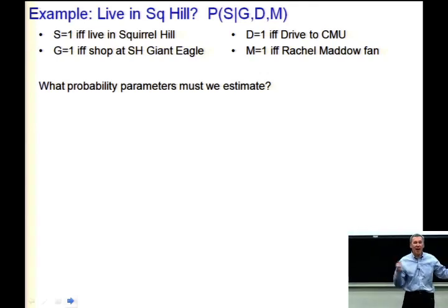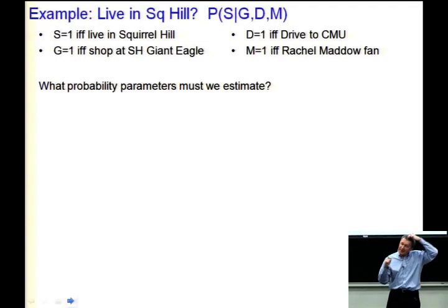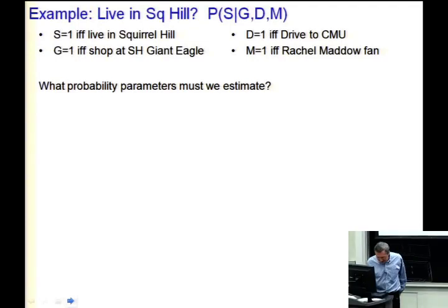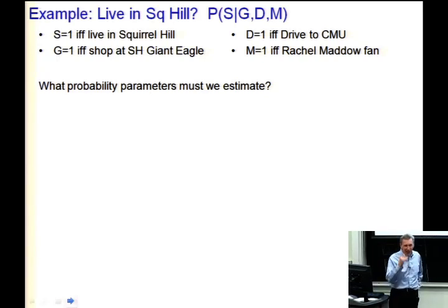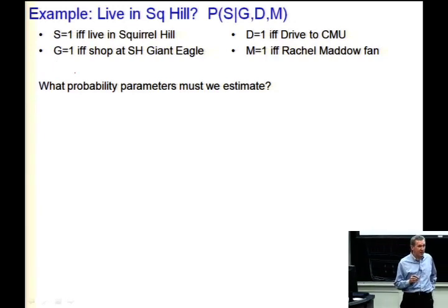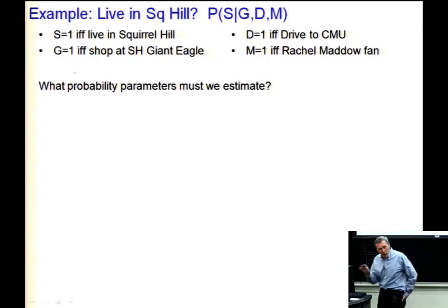And we are going to train a naive Bayes classifier right before our very eyes to predict the important question of who lives in Squirrel Hill, the nearby town of Squirrel Hill, based on 3 other random variables. I will call G a Boolean variable. It's 1 if you shop at the Giant Eagle grocery store in Squirrel Hill, otherwise it's 0. When I say you shop, I mean you've been there at least twice in the last 6 months.